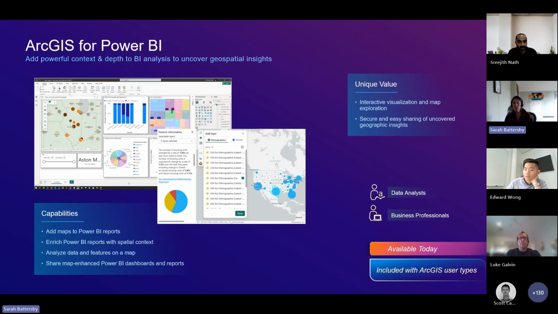So it could be used as a filter or be filtered as users interrogate the report. It can also be extended with other layers to provide additional context, for instance, being able to incorporate demographics or areas of interest. Those can be pulled from things like ArcGIS Online or Enterprise as well. So this is enabling data citizens and report creators to configure reports that provide new forms of insight to better support their business decisions.